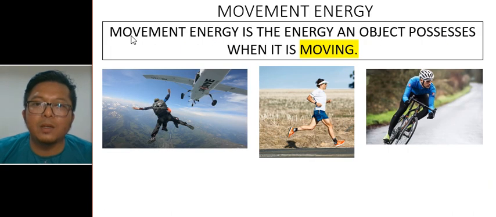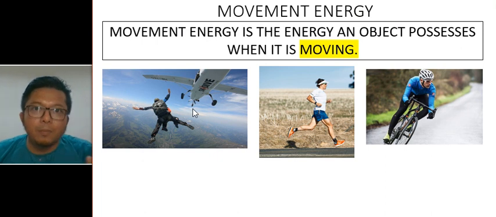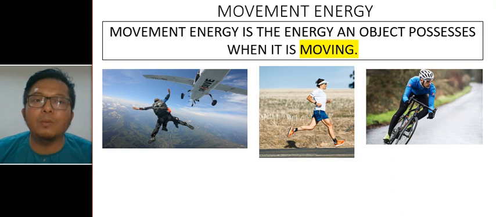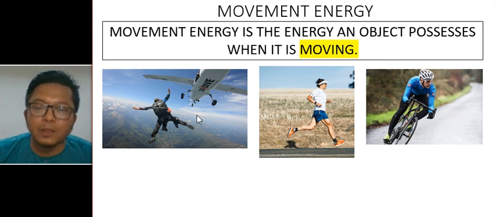Next, movement energy. Movement energy is the energy an object possesses when it is moving. When it is still moving, it is called movement energy. When it stops, it's not movement energy. This is one example, when it is moving.